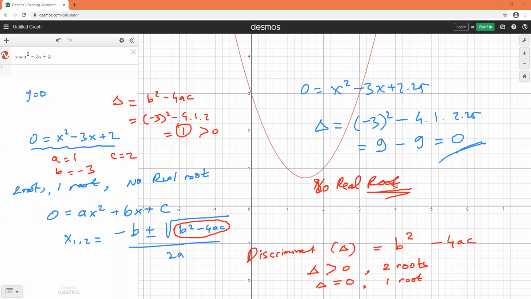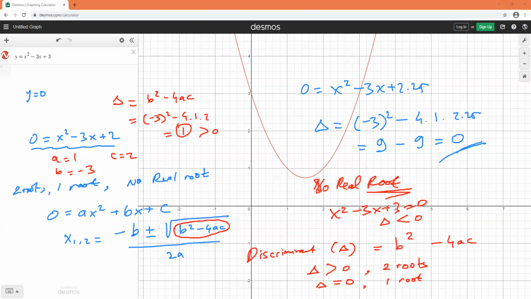This is because, when you calculate the discriminant of the quadratic equation x squared minus 3x plus 3 equal to 0, the discriminant will be a value smaller than 0. Minus 3 squared, minus 4 times 1 times 3, gives us minus 3, which is smaller than 0.